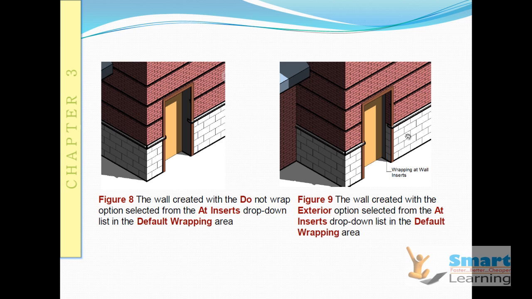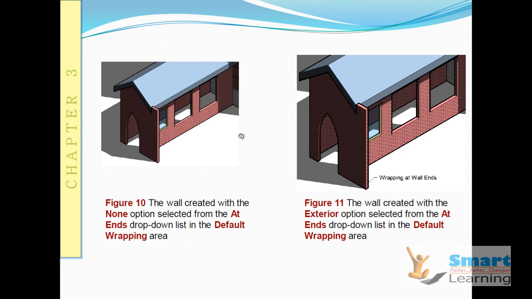All these functions I can show you in my live session. And also you can see this particular end is not wrapping, but here you can see it wrapping. Wrapping means this particular material is visible here, but here it is not visible. So how to control all these properties, that I will show.